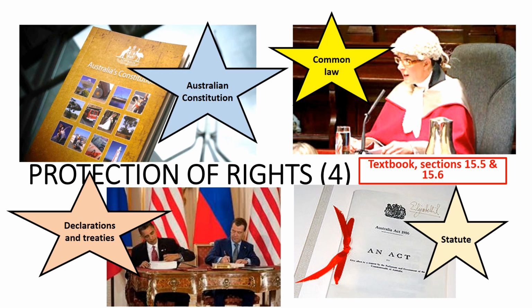And also, you must use the rewind function so that you can rewind this video if you have missed information or need to go back over any information. Once you have finished watching this video, please read sections 15.5 and 15.6 of the textbook and supplement your notes with any information from that reading that you find useful.